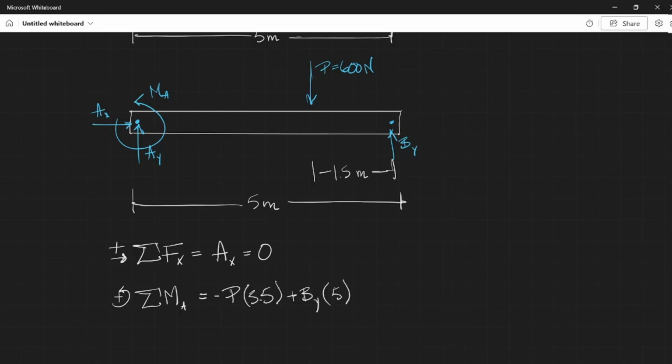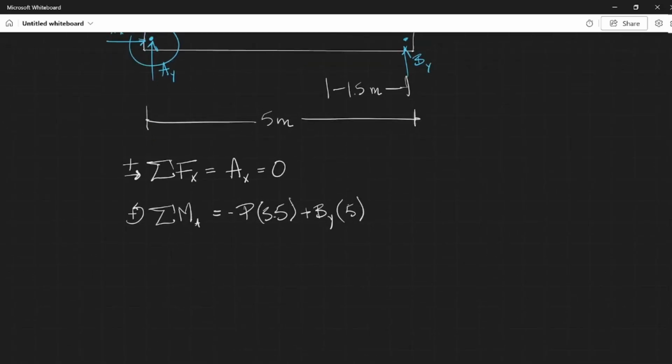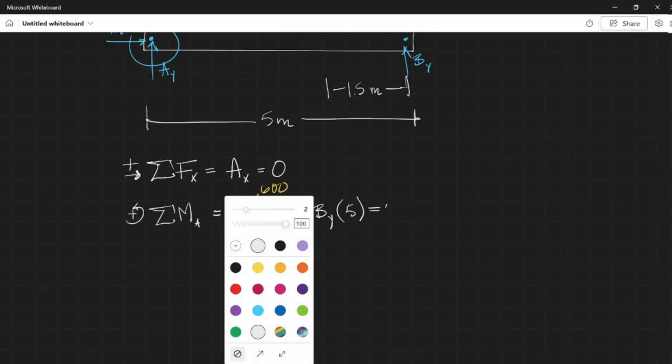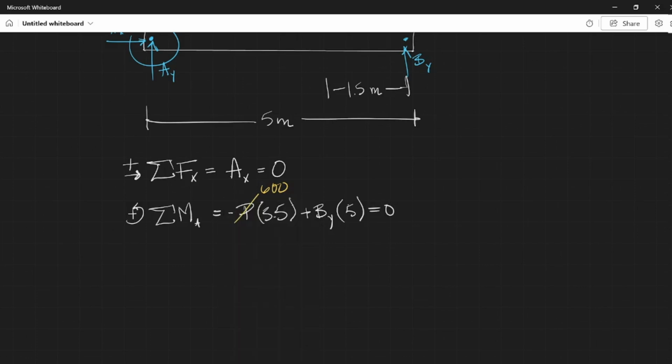Let's find BY just using this, because that's the only unknown here. We already know P is 600, right? And so if we solve this equation for BY, remember this has to equal 0. Sum of moments about any point on the body has to equal 0.